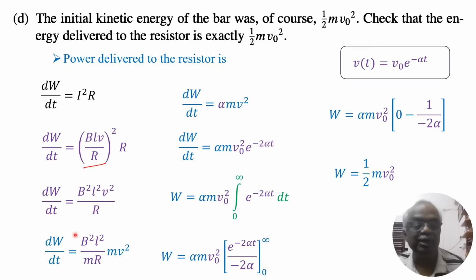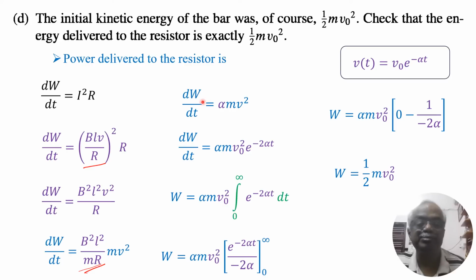Now we have already seen that B squared L squared over mR is alpha, which we took for mathematical simplification. That means we have to divide and multiply by m. The numerator, which I have shown in violet color, is alpha.